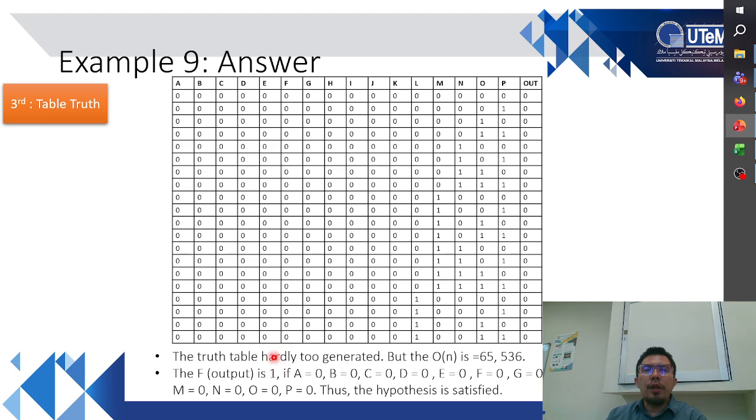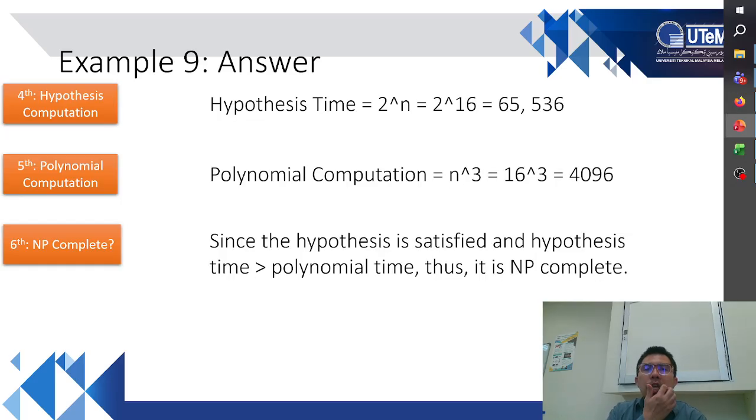We found that if all the inputs are 0, the output becomes 1, and we see the hypothesis is certified. The hypothesis time we calculate is 65,536, and the polynomial time we calculate is 4,096. Since the hypothesis is certified and the hypothesis time is greater than the polynomial time, it is NP complete.